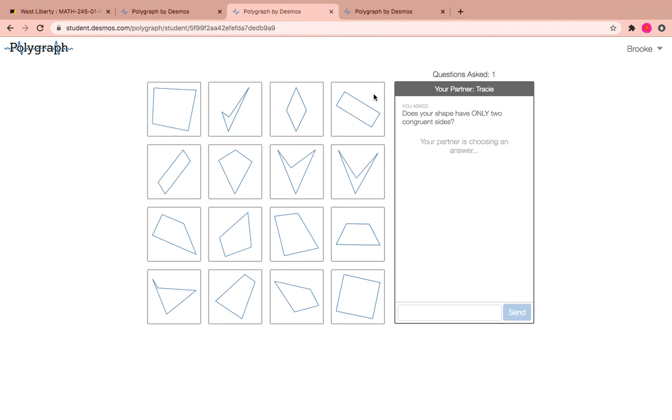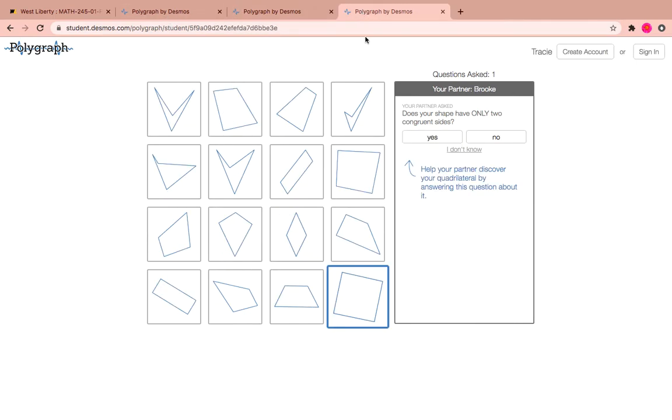So if it's only 2, then we know that our shape has only 2 congruent sides. But if it's not, we know that it could have more or it could have less. So we'll go ahead and answer. Does your shape have only 2 congruent sides? In our case, no, it actually has 4.